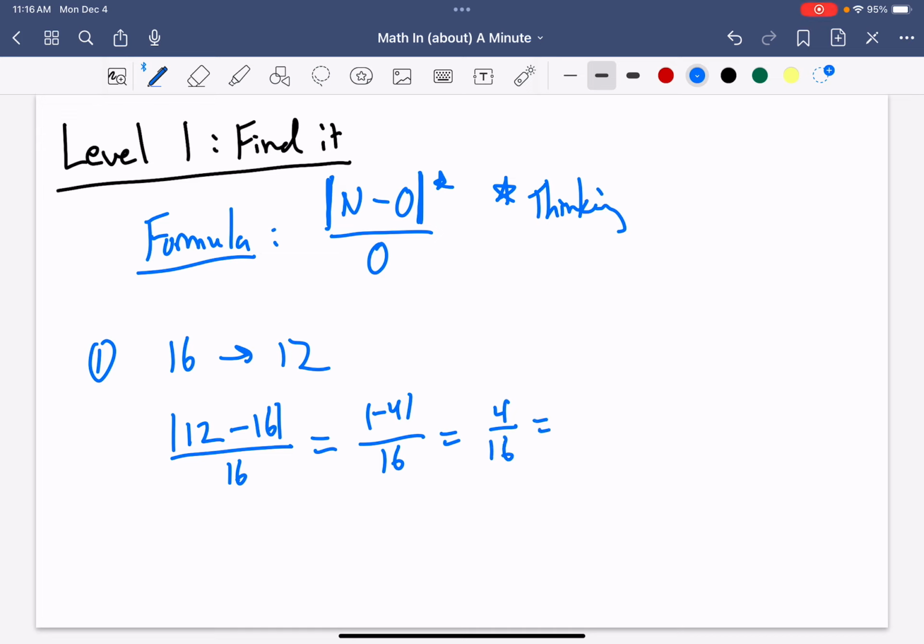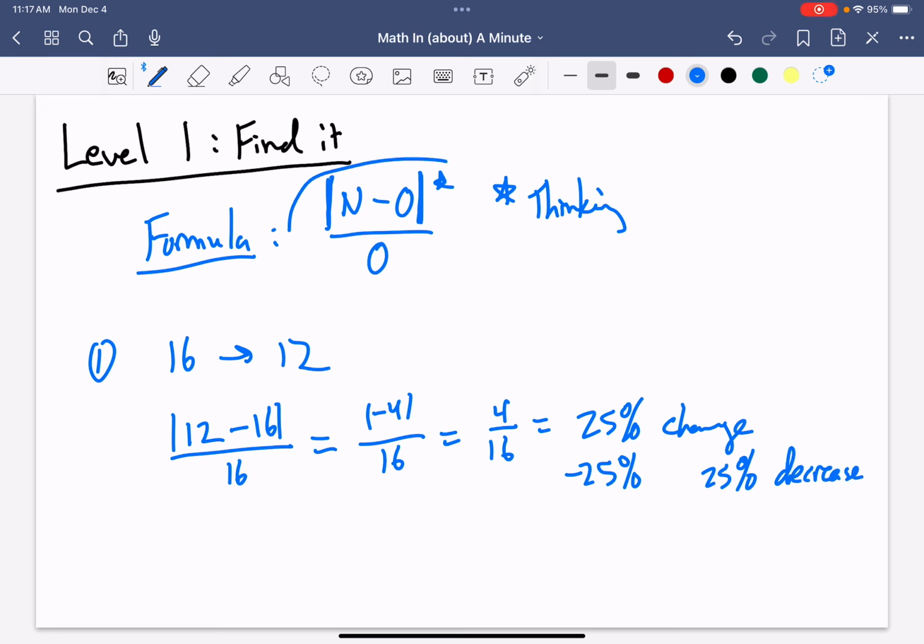And so what we saw here was a 25% change. Now, depending on how you do this, like sometimes with certain textbooks or IXL or other platforms, they might say that the actual answer is -25%. Or you might say it is a 25% decrease. So that's why I like to put these absolute value bars, so that you get the raw number, and then based on the context you can do what you need to do with it.